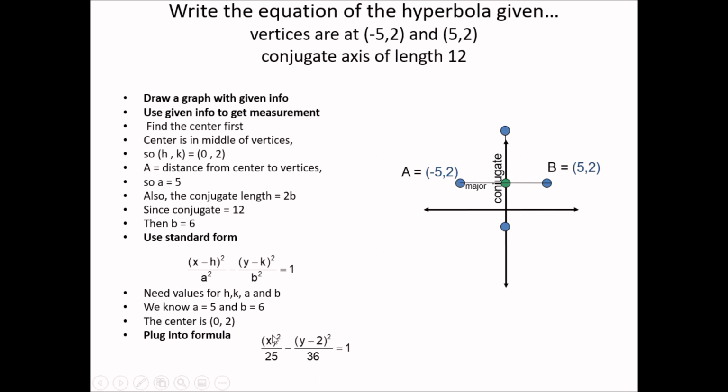So, alam natin na yung h is 0. So, wala na siya dyan. X squared lang siya over a squared. We have 5 squared, then 25 minus y. Since 2 ang ating k, we have negative 2 squared over b squared, 6 squared, 36 is equal to 1.